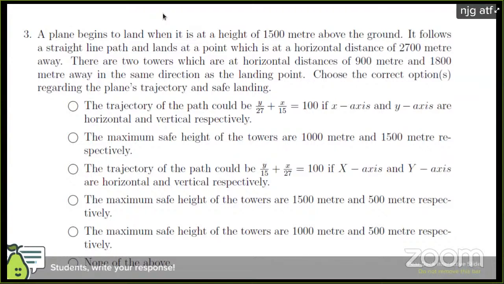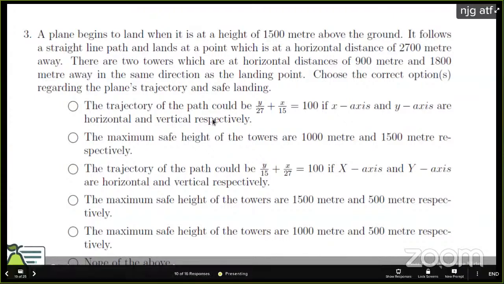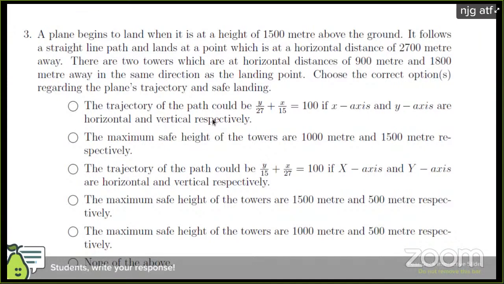Some of you might be a little confused about where to pick the origin, or you might be getting wrong answers. Anyway, shall we discuss the solution now? Yes, sir.